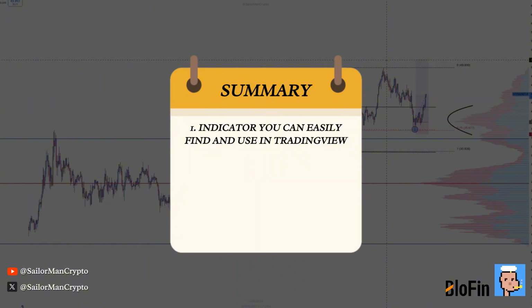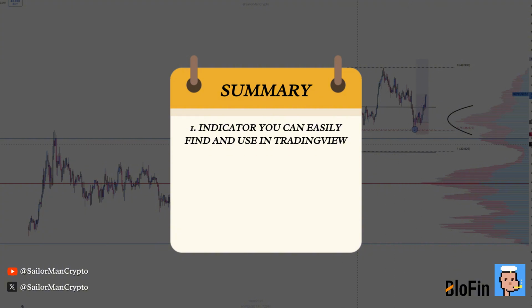You can use whatever you want, but I would suggest you reduce the row size as much as possible and keep it on the right, because the profile will be closer to the most recent price action, that is the one that you want to trade. If you keep it on the left side, it will be very far away from the price action you are watching now.